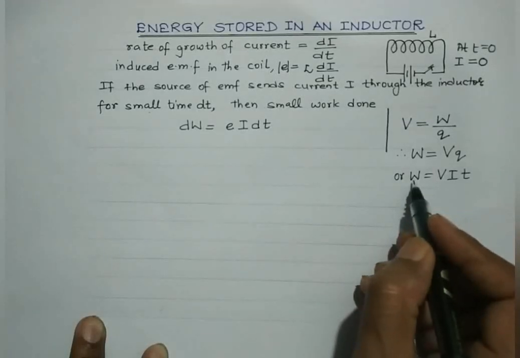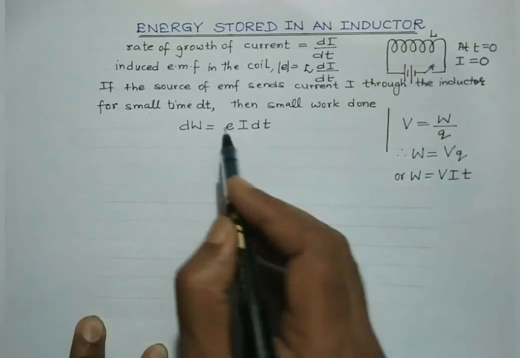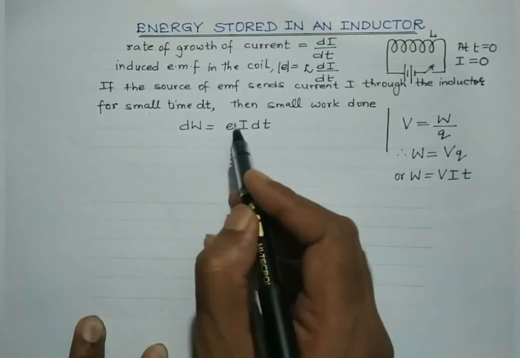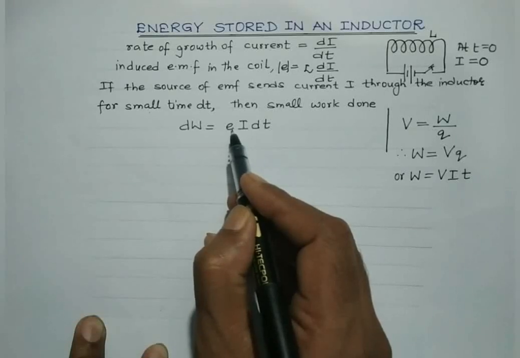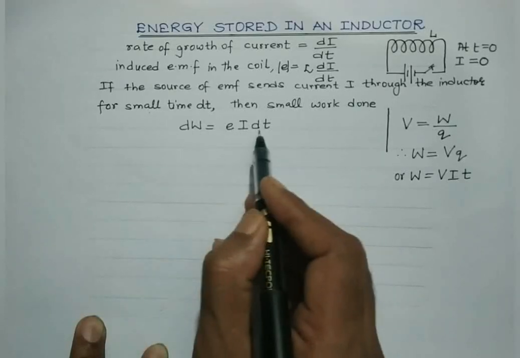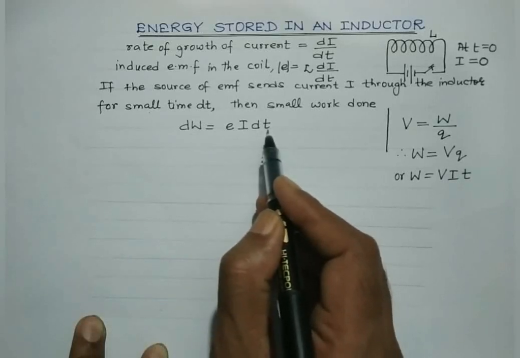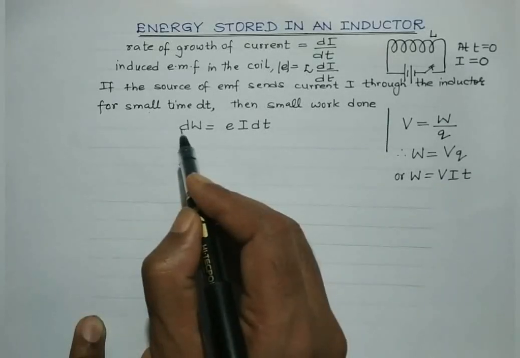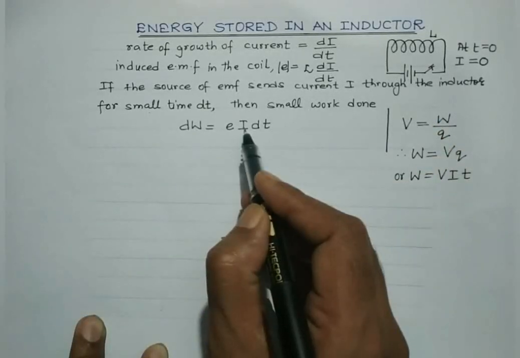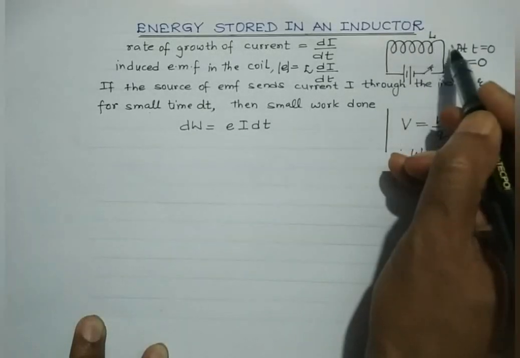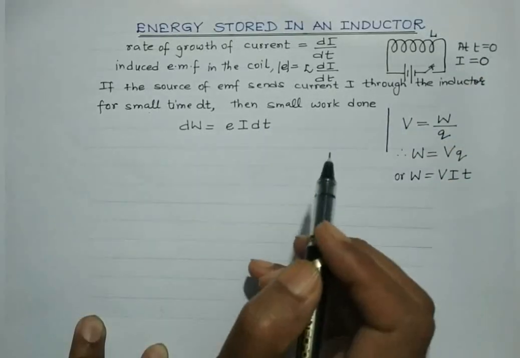Here, work has to be done by this source of EMF against the induced EMF, that is, in place of V, we need to write E. E is the induced EMF, right? And the small amount of work done dW during small time dt, by the source of EMF in sending current I in the coil against the induced EMF, is EI dt.